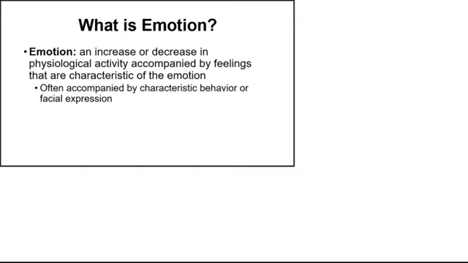So our very wordy and lengthy definition is that emotion would be an increase or a decrease in physiological activity accompanied by the feelings that are characteristic of that emotion. And this would often also be accompanied by characteristic behaviors and or facial expressions.